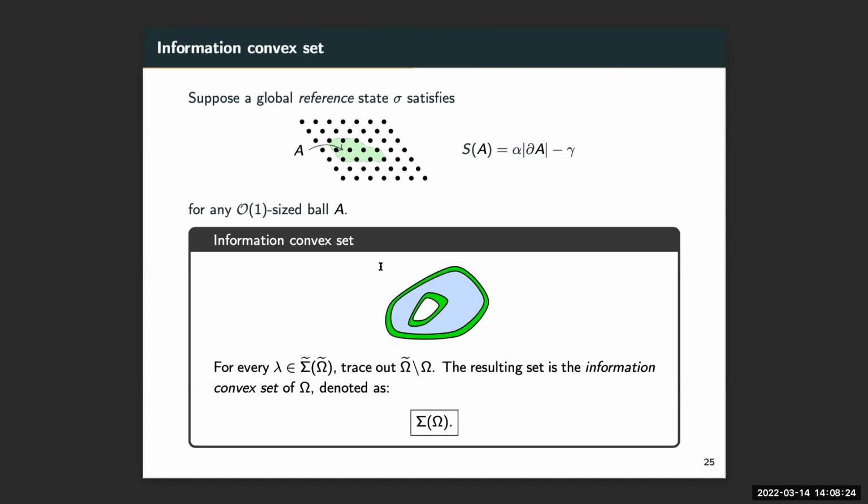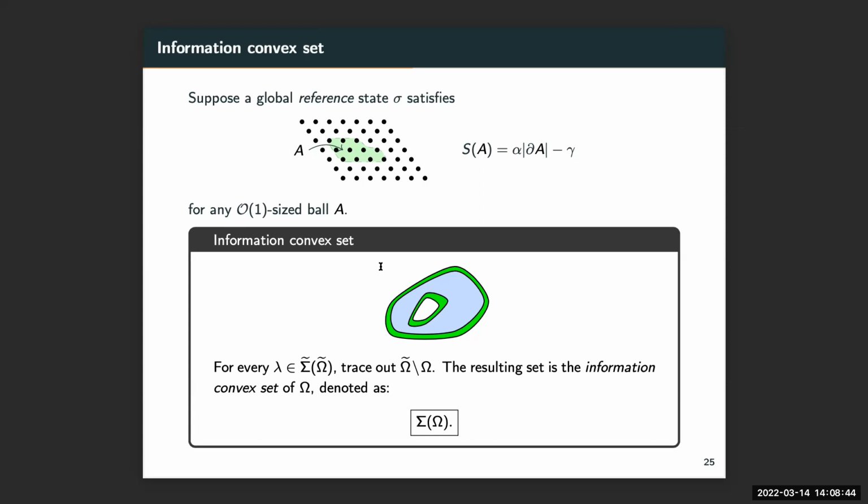The big reason is that we're trying to get rid of non-universal information. Very roughly speaking, if we don't do this, we will be left with some reduced density matrices which don't encode very nice information, and we just want to get rid of that.